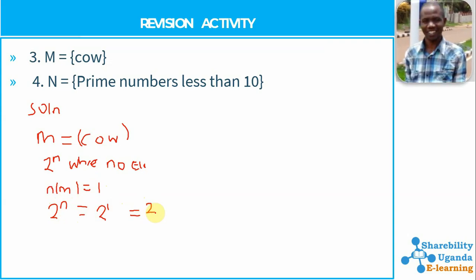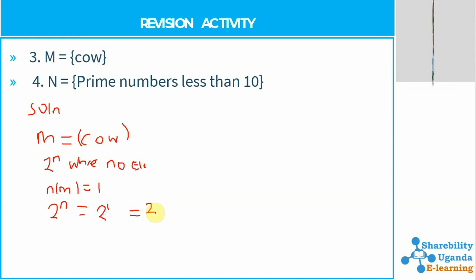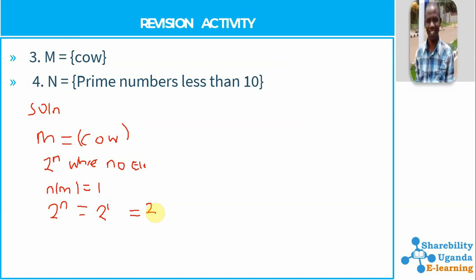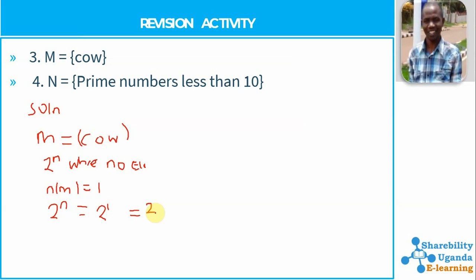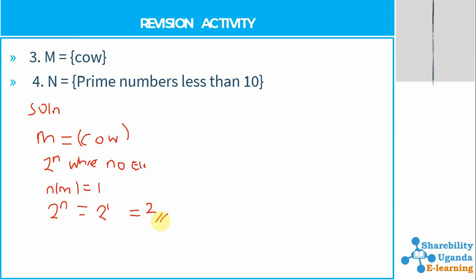Any number to the power 1 is that number. Like we said in our recent video, any number that is powered to 0 is 1. Here it is the opposite: any number to the power 1 is that number. So we have to take note that when a number is powered to 1, it remains exactly that number.